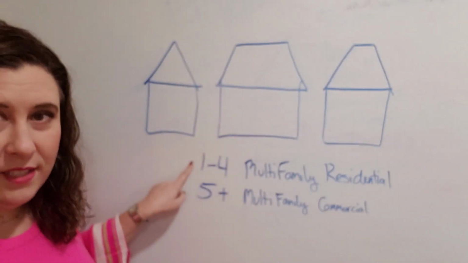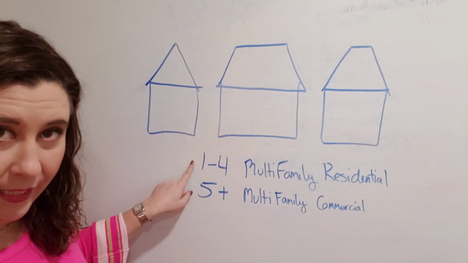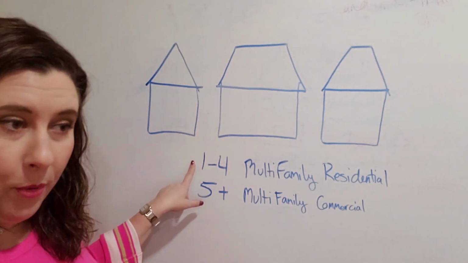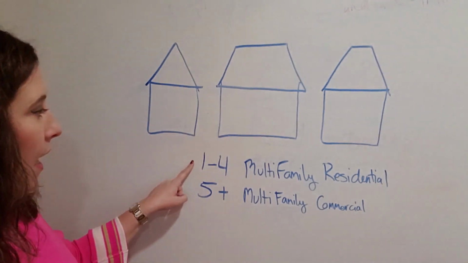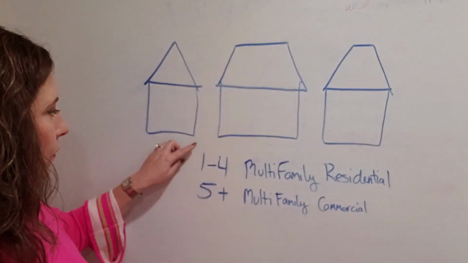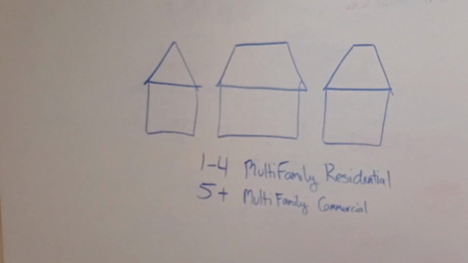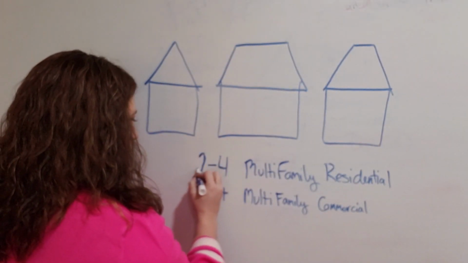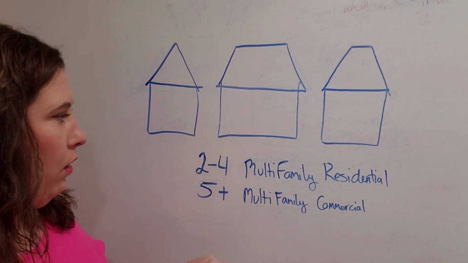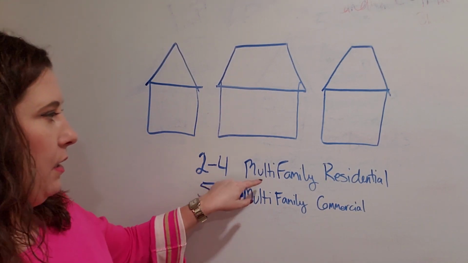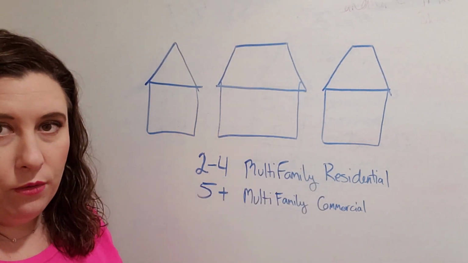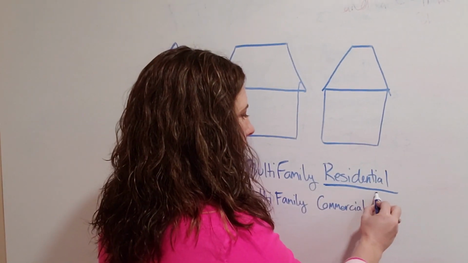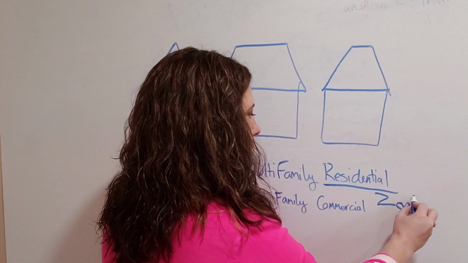1 to 4 units in the building, on the property, on this parcel ID. If it's 2 to 4 units, it's multifamily residential. Residential is the zoning for the land.